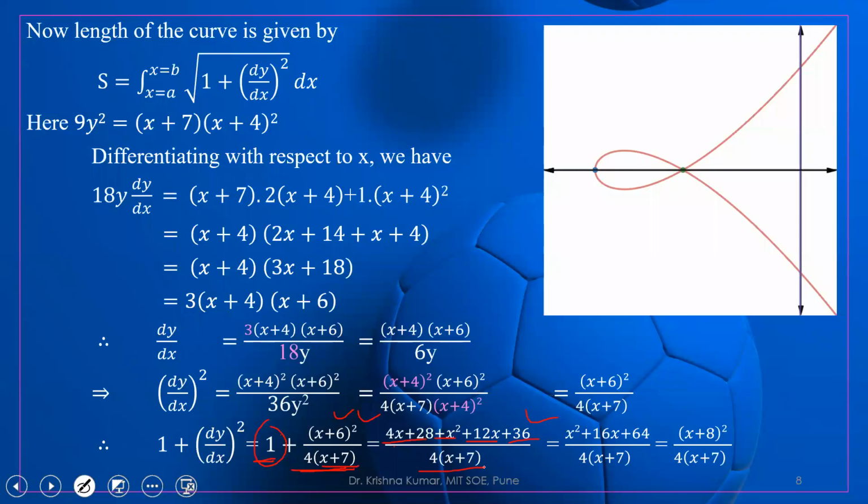So this is x square, 12x plus 4x is 16x, and 36 plus 28 is 64. So x square plus 16x plus 64 is nothing but (x plus 8) whole square, divided by 4 times (x plus 7). In the next lecture, we continue.